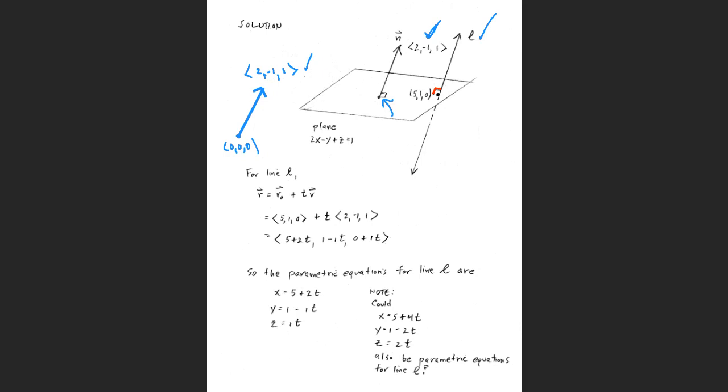This (5, 1, 0) shouldn't be there, because it looks like it's on the plane. (5, 1, 0) is not on the plane, because 2 times 5 minus 1 plus 0 is not equal to 1. So (5, 1, 0) is off of the plane. Okay, so I'm going to have to fix that in my notes here. It's just a sketch, but it gets us thinking, right?